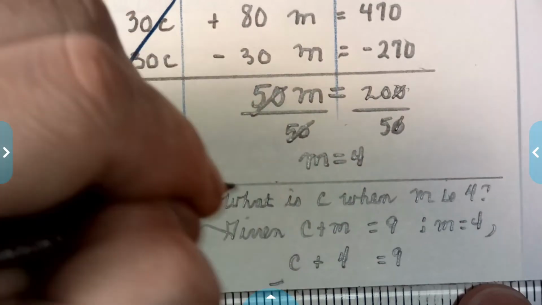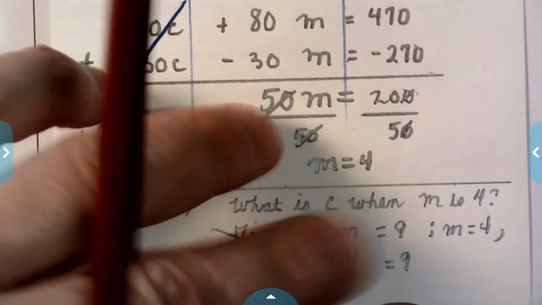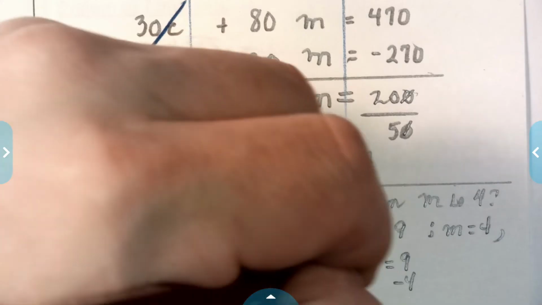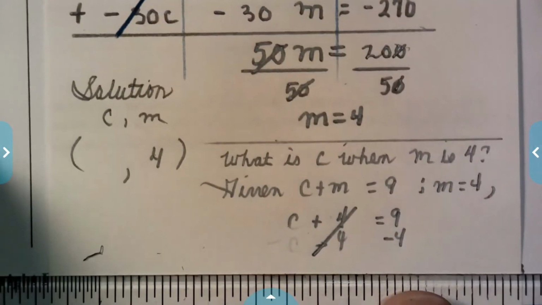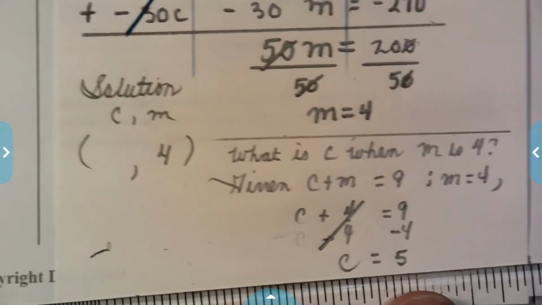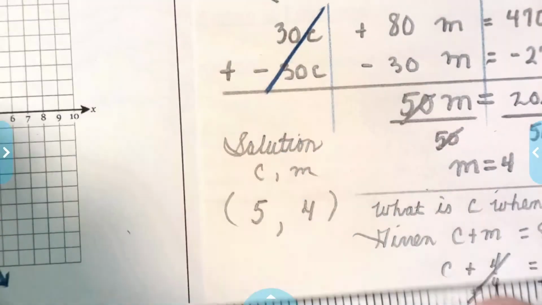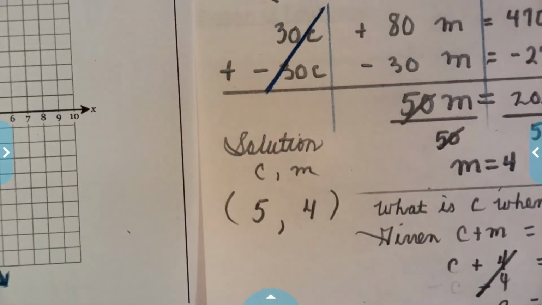And subtracting C from both sides, I'm sorry, subtracting 4 from both sides gives us C equals 5. Okay, so he did 5 commercials and 4 movies.